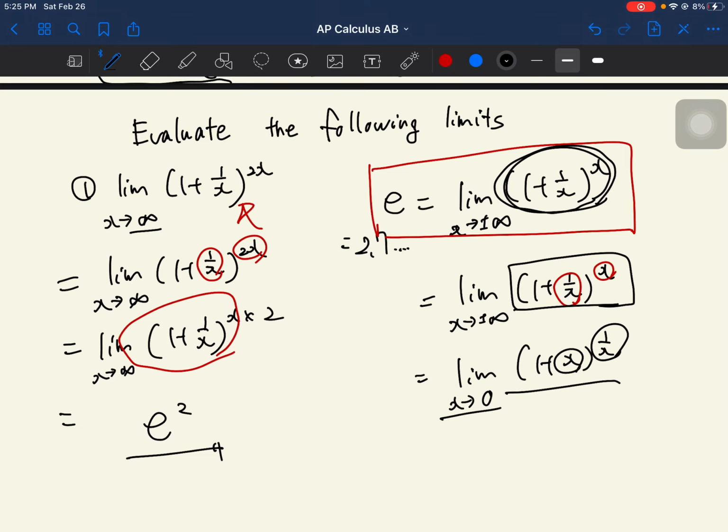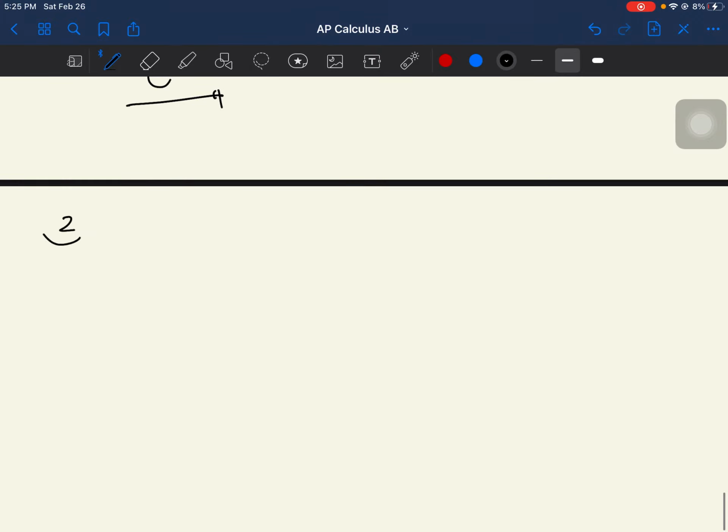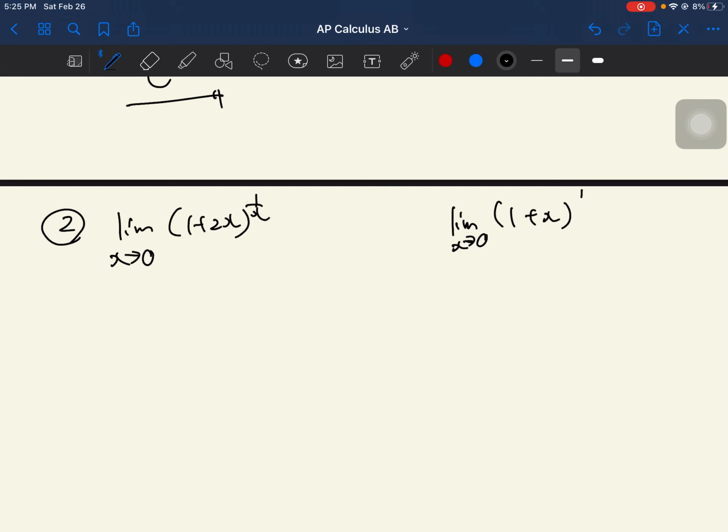That's it. It's not too difficult, I think, but let me work on one more question. Number 2, limit as x approaches 0 of (1 plus 2x) to the power of 1 over x. This is really close to the definition of (1 plus x) to the power of 1 over x. These have to be reciprocals.